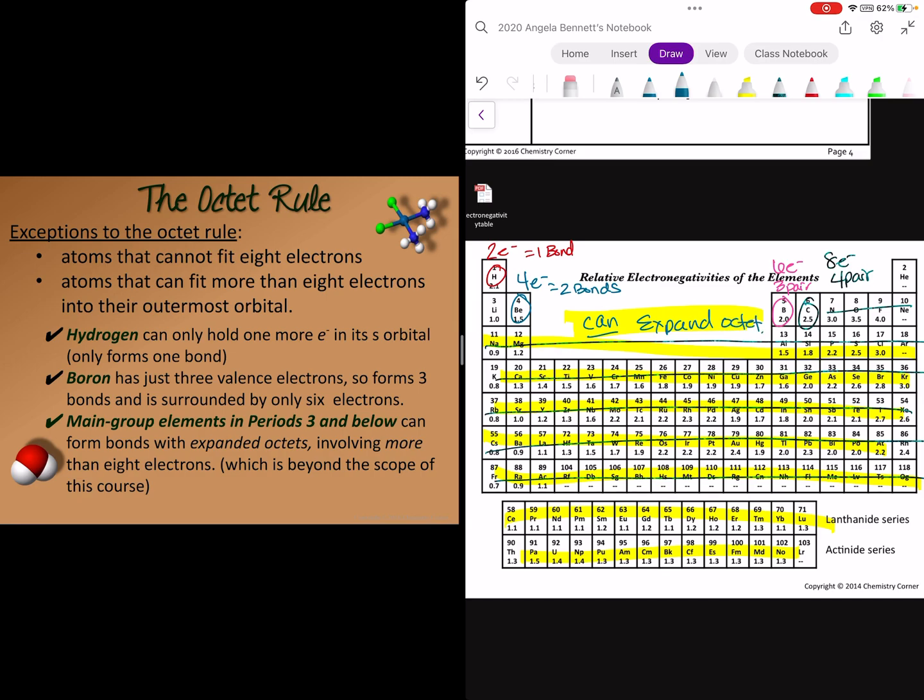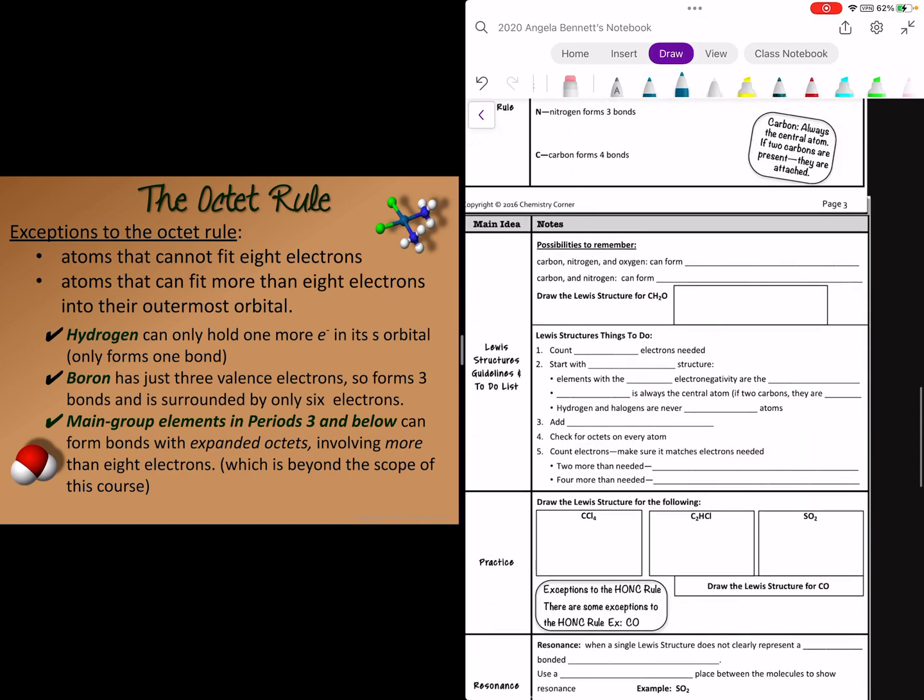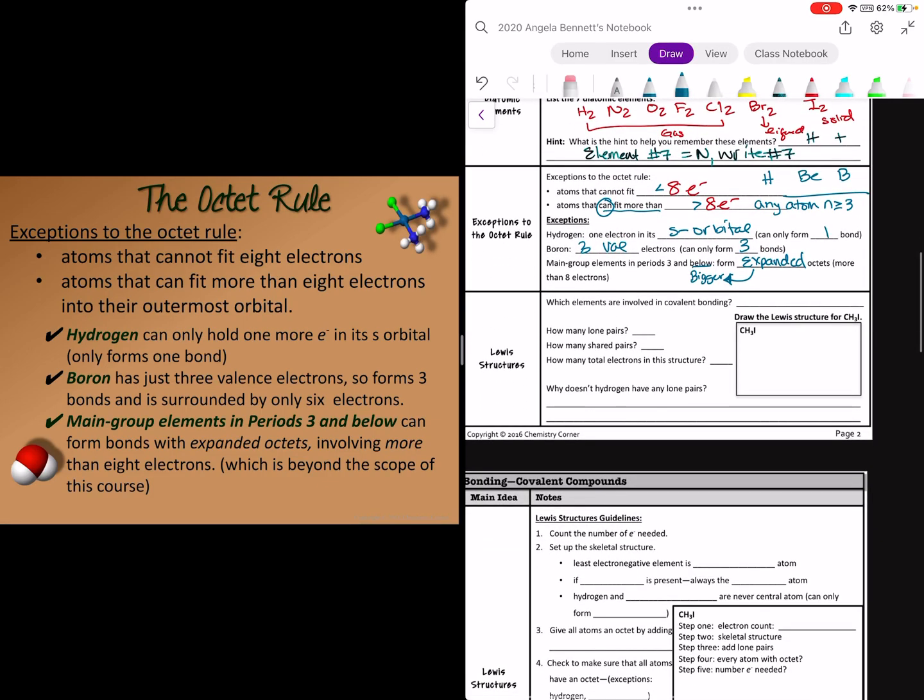Because when we entered energy level 3, we added the D sublevel. So the D sublevel has room for 10 extra electrons, and so there's space there. So there's an extra space to put the electrons, but your atom isn't going to want to do that. Your atom's going to want to stick with the 8 valence, but it can technically expand its octet if it needs to. Okay, so back here.